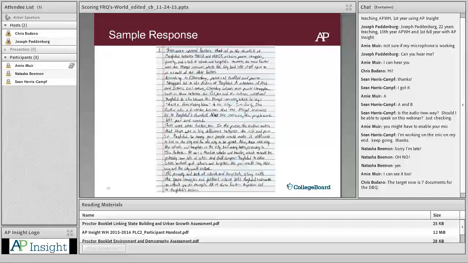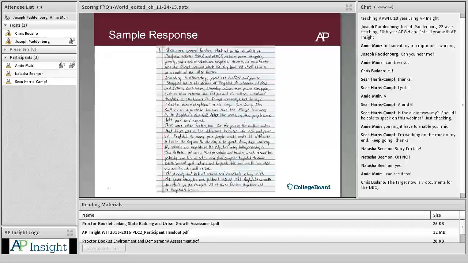I thought it was always going to be 7, but that could be me confusing US and the future of AP World. But I think it's supposed to be the same across all the history. So if it's 7 for US, then I would imagine it's going to be 7 for all of them. I did hear it was 7 for US, so I guess that means it will definitely be 7.